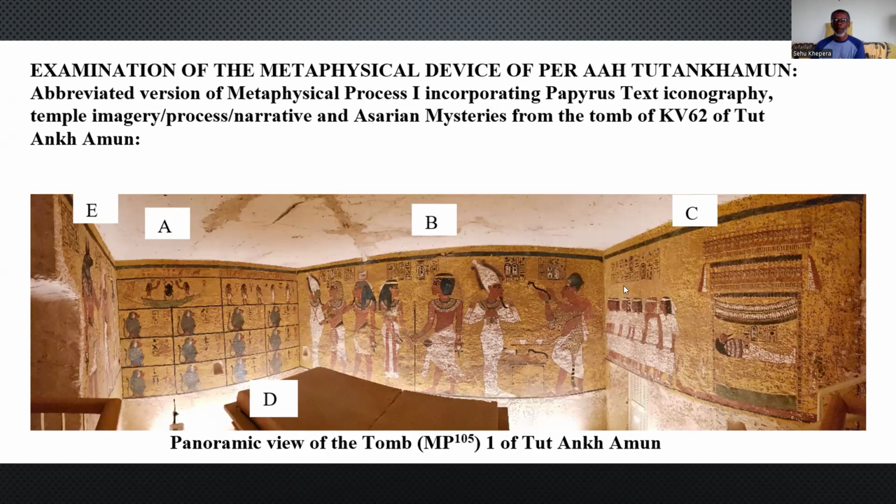So here on the left, letter C, you see here one thing to be pointed out that I haven't seen anyone else point out is that all around the scene at the top, you have the symbol of Pet, of heaven.